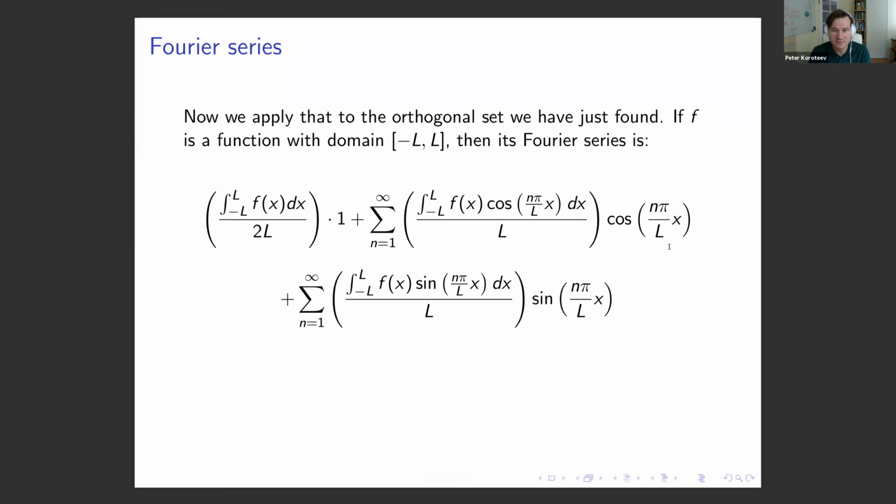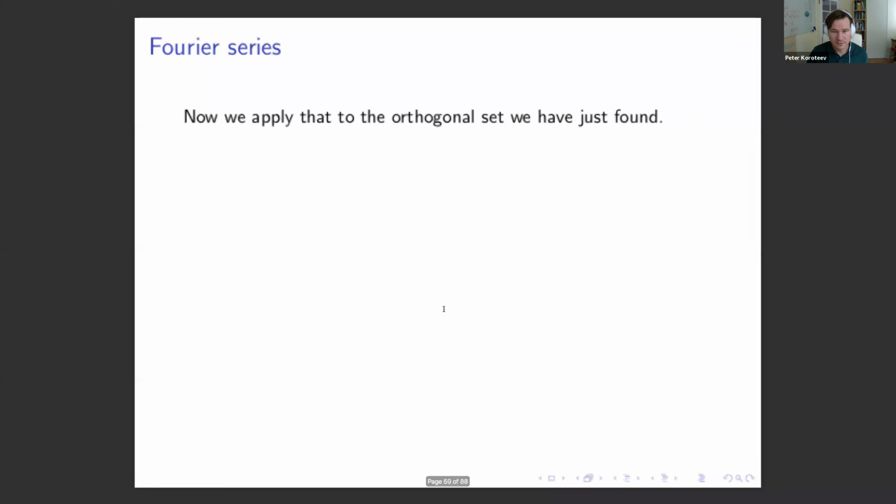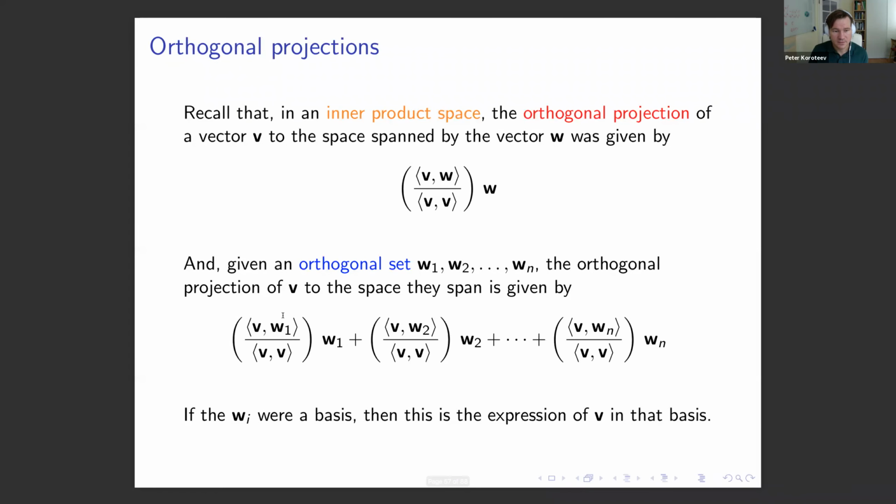And then there will be an infinite sum of cosine n pi over Lx multiplied by this coefficient, which is the integral of f with cosine n pi over Lx, plus another series where the coefficients are integrals of f multiplied by sine n pi over Lx, and everything is divided by L. So just again, look at the formula here. Those integral coefficients are exactly the coefficients in the linear combination, and the w's are sines and cosines. They are vectors in the basis.